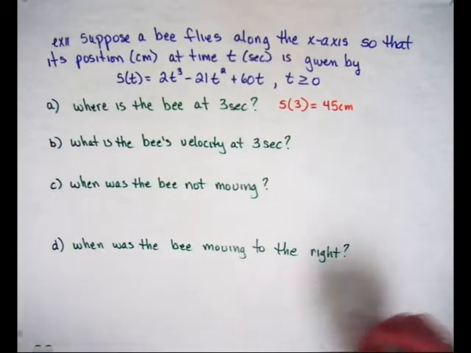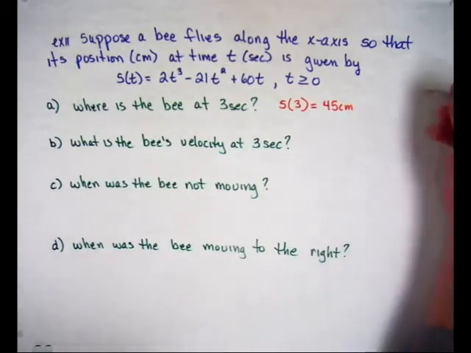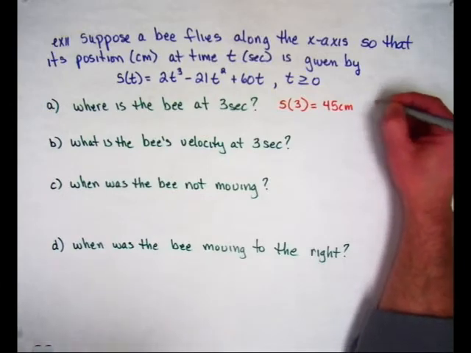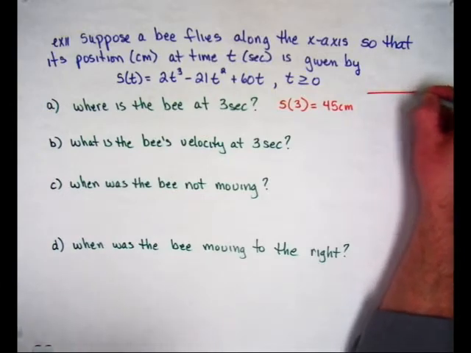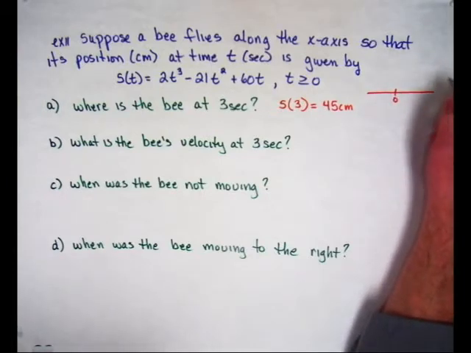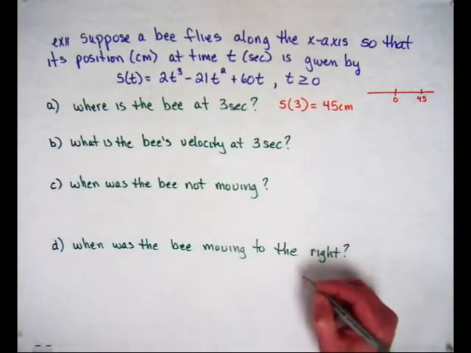So you see, by answering that question, I can now tell you something about the bee some moment after it left in its travels. Right now, if this was the actual number line that the bee was on, and this was the origin 0, at 3 seconds, I now know that the bee is located over here at 45 centimeters.